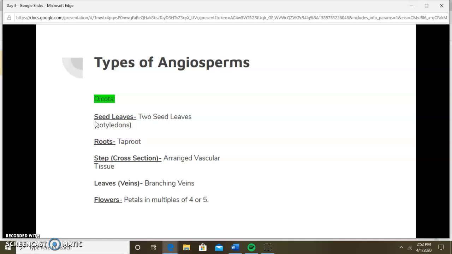So you'll find that box with seed leaves. Make sure you write this word in that block, okay? The roots are taproot. The stem, that should be stem, is arranged vascular tissue, and the leaves are branched veins, and the flowers are petals in multiples of 4 or 5.